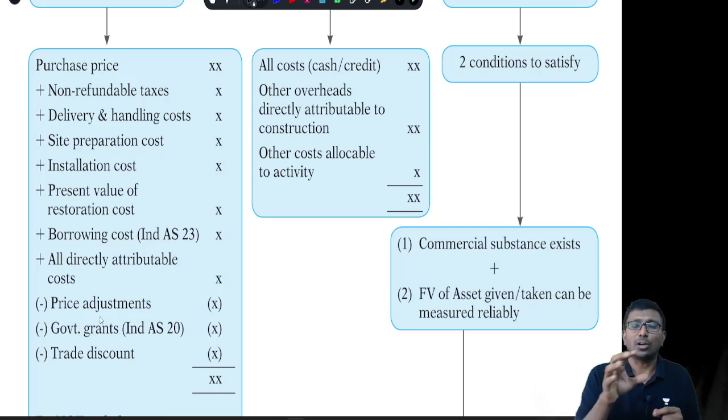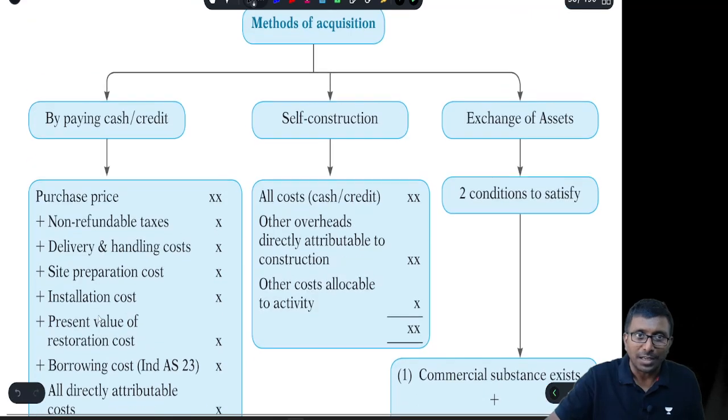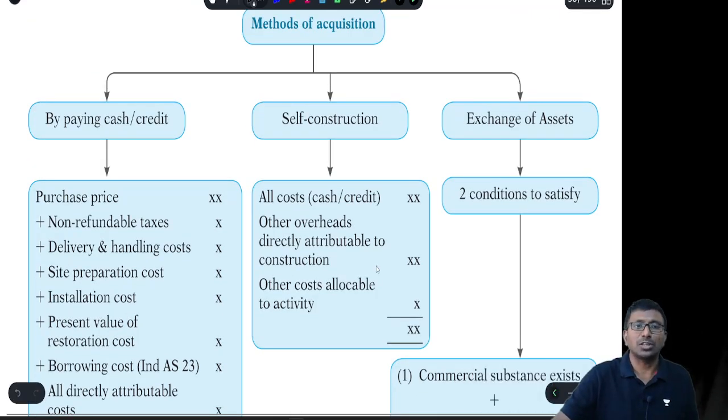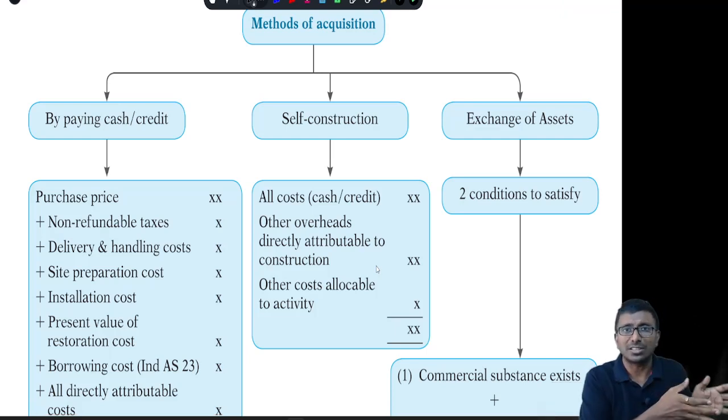We'll say PPE account debit to cash or payable. That is how we'll do it. In case of self-construction, what are we supposed to do? Whatever I have discussed under cash or credit, all that plus any other overheads, but you should not say any other overheads and stop there.